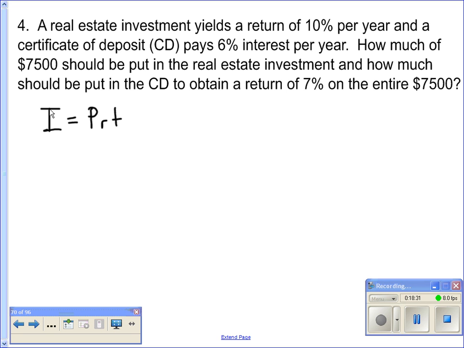Okay, so you've got two amounts that are going to be invested here. That's the key. So let's say that you invest X dollars at the 10%.